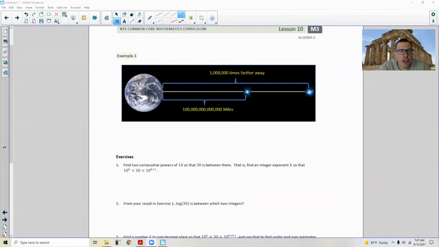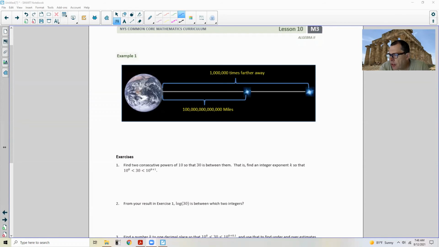Okay, page 2 brings us to example 1, and it's showing a picture of Earth and 2 stars. What it says in the manual is, suppose that you are an astronomer and you measure the distance to a star as 100 trillion miles away.